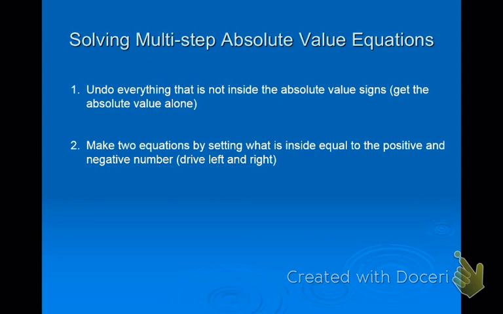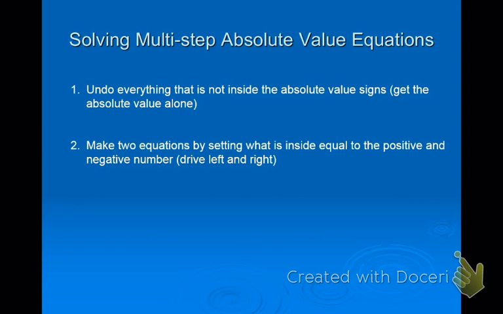Any numbers outside the absolute value bars need to go away. Because we don't know what number we can plug inside those absolute value bars to make that statement true until the absolute value bars are all by themselves. And then we're going to split. Once the absolute value bars are all by themselves, we're going to split into our negative and positive numbers and solve our two equations.